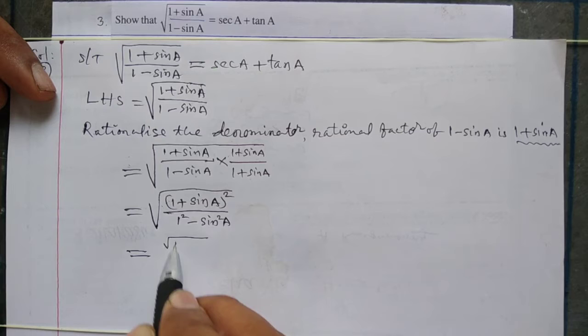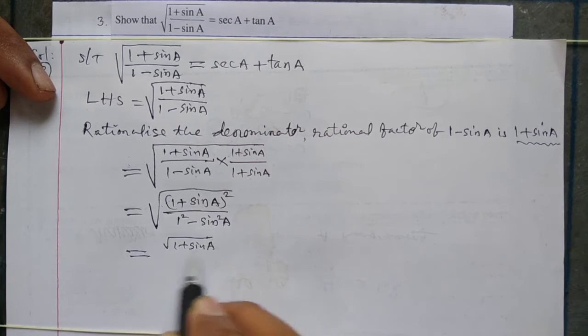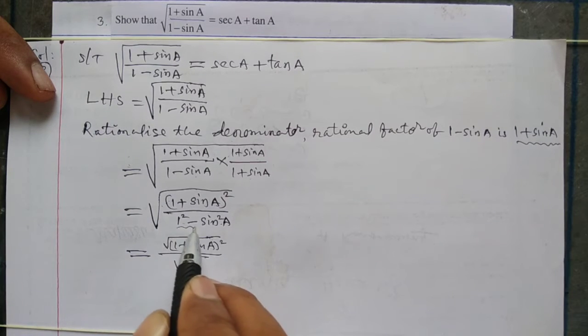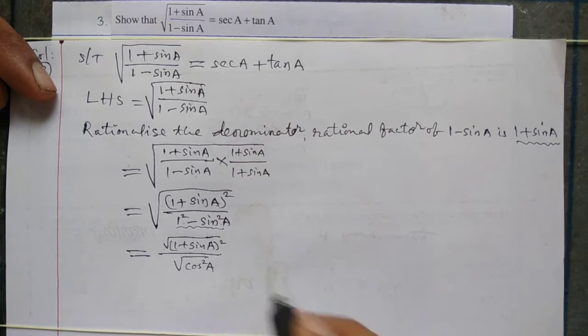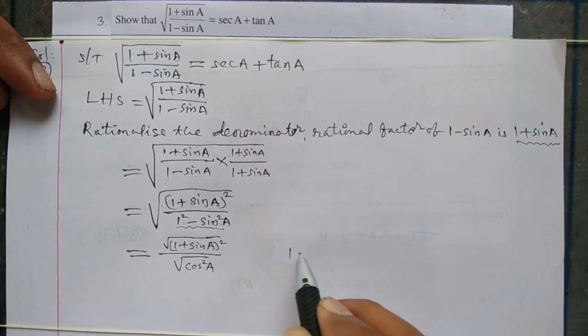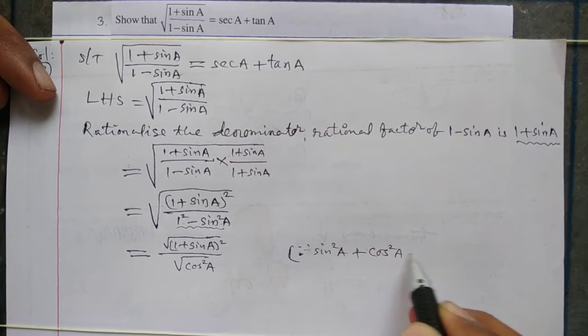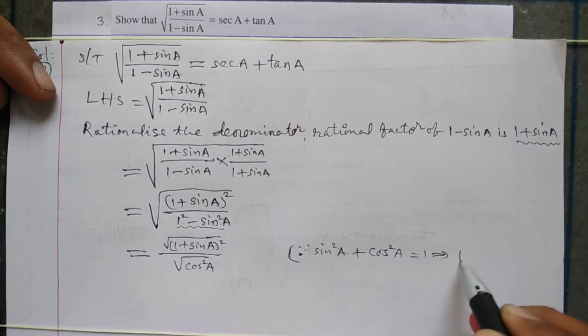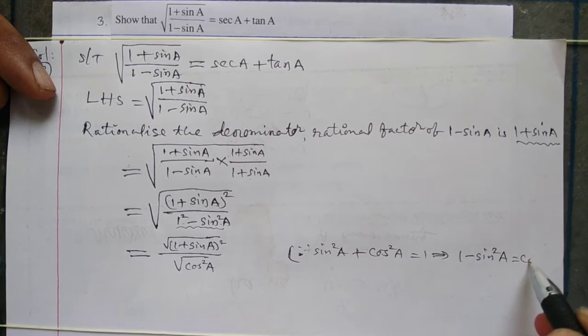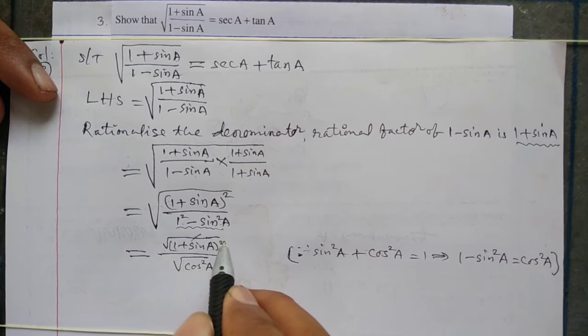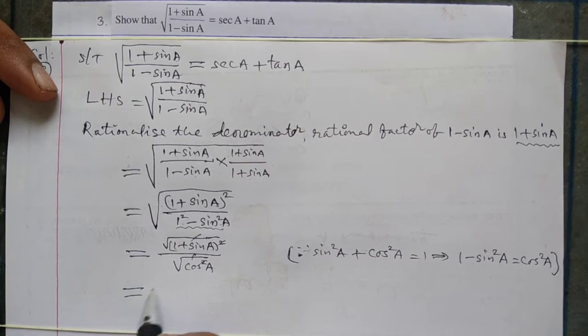Under root of (1 plus sin A) whole square by under root of 1 minus sin square A. We know sin square A plus cos square A is equal to 1, then 1 minus sin square A is equal to cos square A. That's why I substituted cos square A. The square root and square cancel. Here, (1 plus sin A) by cos A.